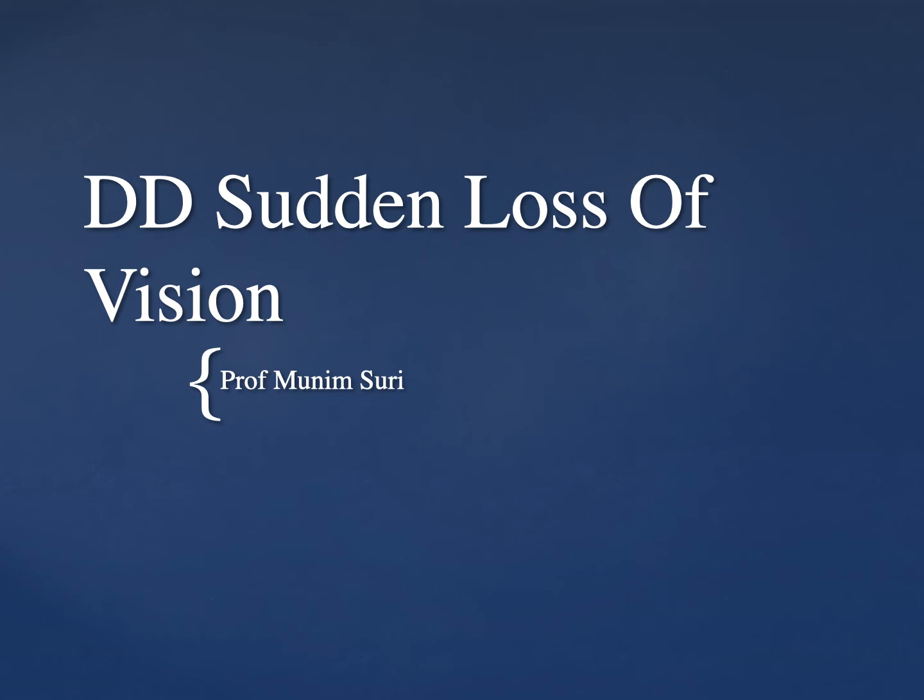Now the pupils, a very important sign in diagnosing cases of sudden loss of vision. Venous occlusions: if it is a branch venous occlusion, then the pupils are usually normal, but in central there is RAPD.